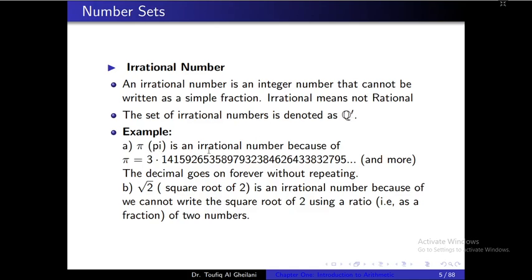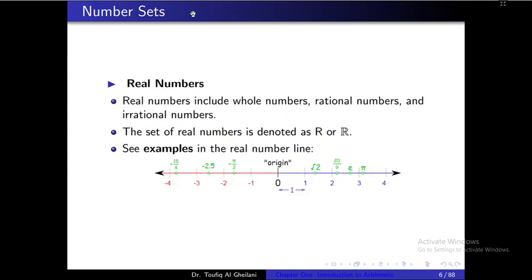Pi is an example of an irrational number because pi is equal to 3.1 and more, so the decimal goes on forever without repeating and without stopping. The square root of 2 is an irrational number. Why? Because we cannot write the square root of 2 as a fraction a over b of two integers.